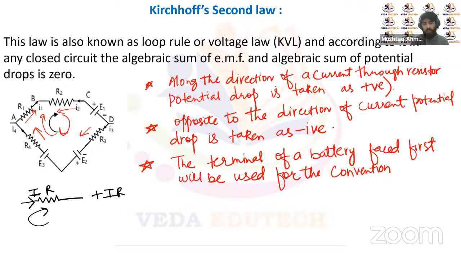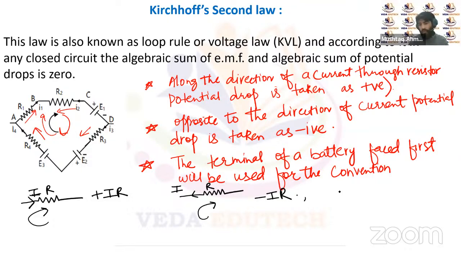Similarly, if I'm moving in the same direction once again, but the current is actually flowing in the opposite direction, it means the direction in which I'm moving in a closed loop is opposite to the direction of the current through the resistor. Then the potential drop will be taken as minus IR.